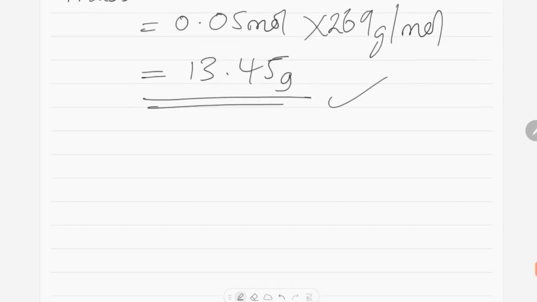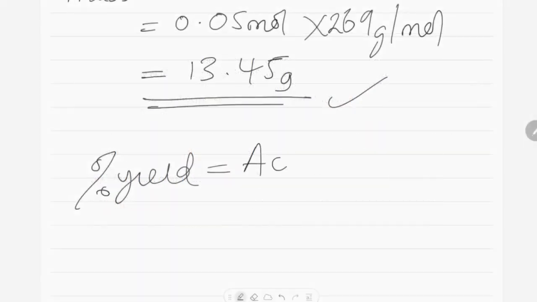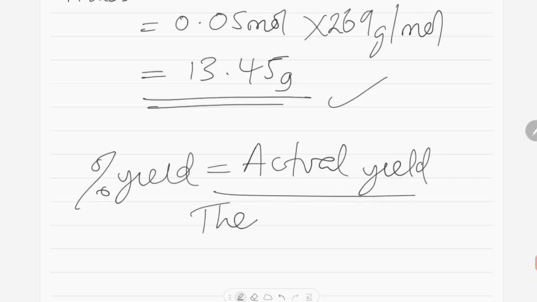Now that we have the mass, we can easily answer the question, which is to find the percentage yield. So percent yield is equal to actual yield over theoretical yield. Remember, the theoretical yield is this mass we have calculated, and the actual yield is given.